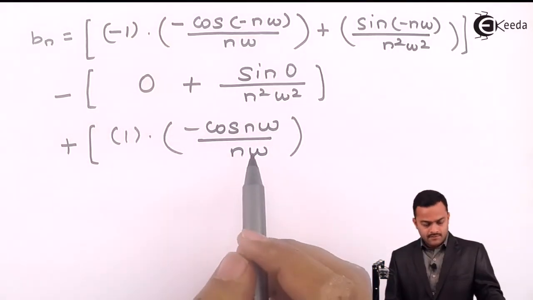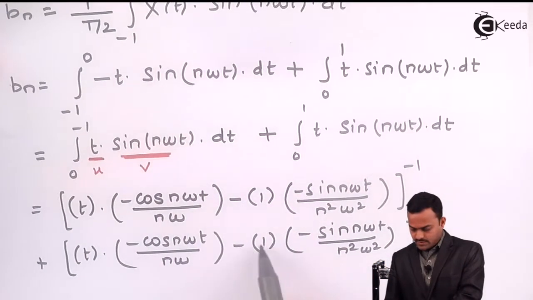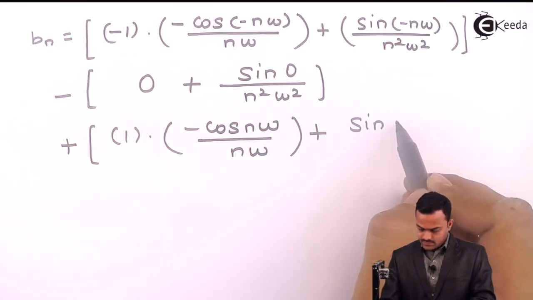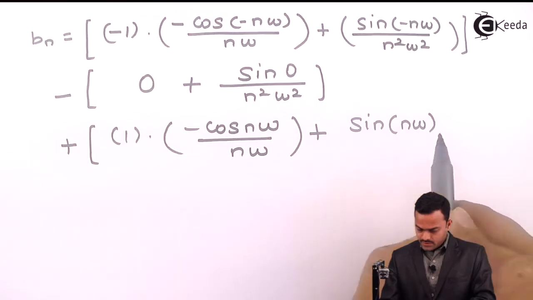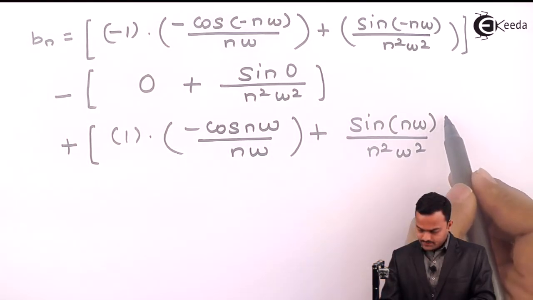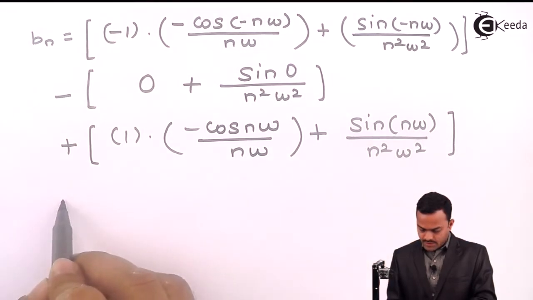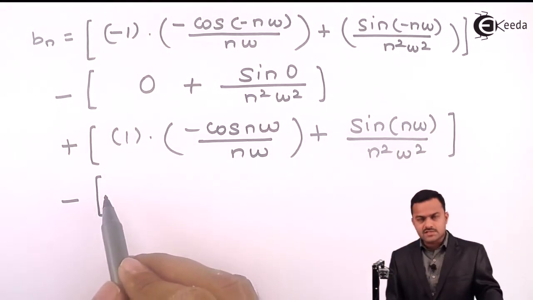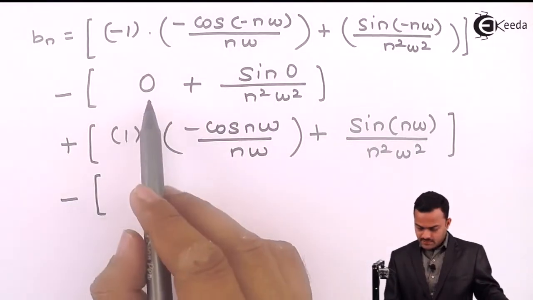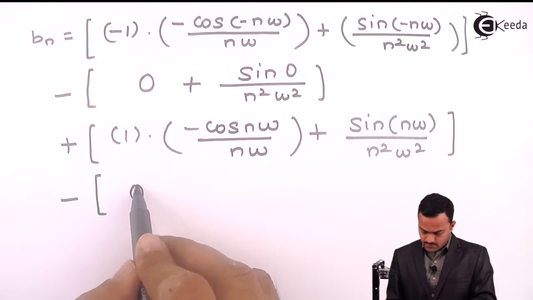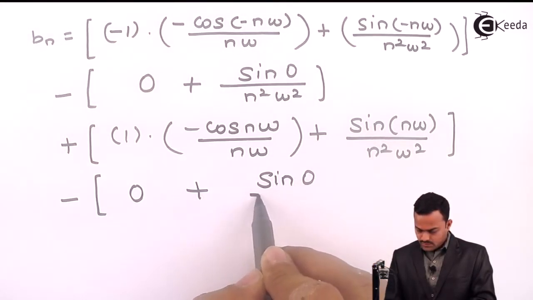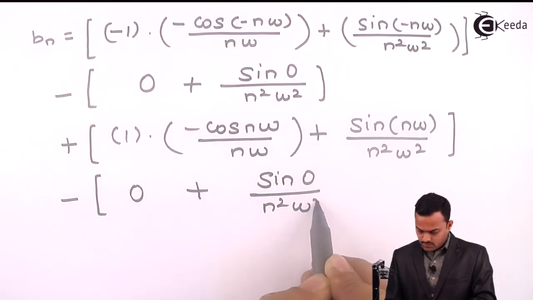Once again, minus minus will become plus, and sine n omega upon n square omega square. Minus, I need to apply the lower limit, which is 0. So if I apply the lower limit 0 over here, it will be same as this, 0 plus sine 0 upon n square omega square.